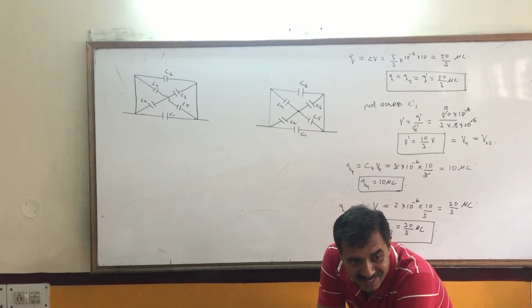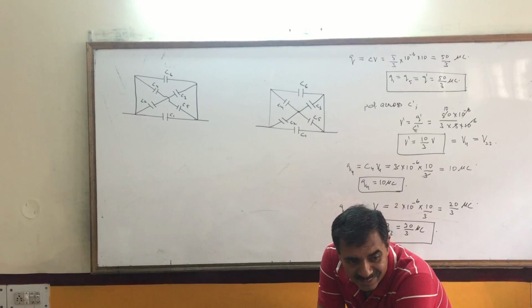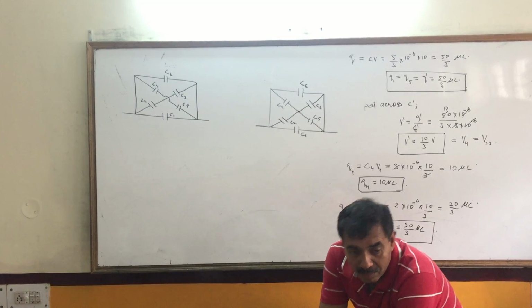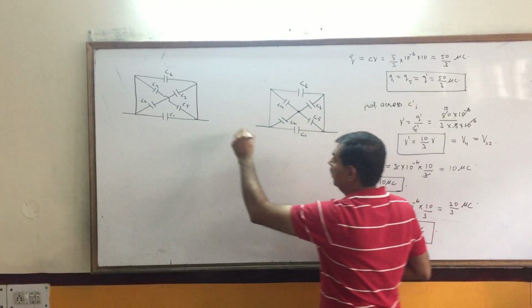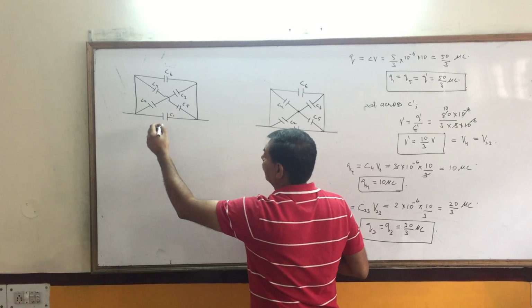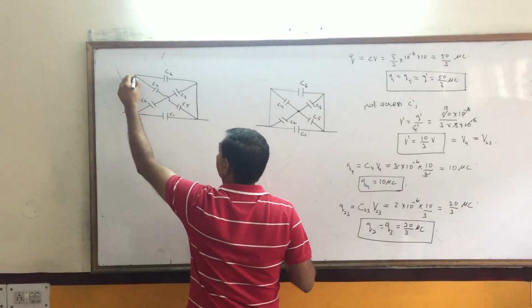The answer is the same, but it's got to be in a different way. The answer is the same. The circuit is different, because this thing is joined here. This thing is not joined here.